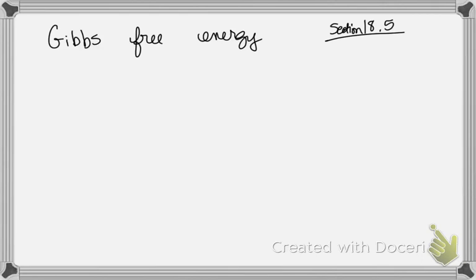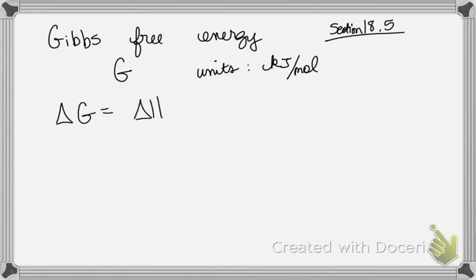The Gibbs free energy, symbol for that is G. Often it's called free energy. The units for free energy are going to be kilojoules per mole. Okay, and the formula for Gibbs free energy is delta G is equal to delta H minus T delta S, where of course delta H is the enthalpy change, delta S is the entropy change, and T is the temperature in Kelvin. And these values would all be about the system, or for the reaction. Okay.